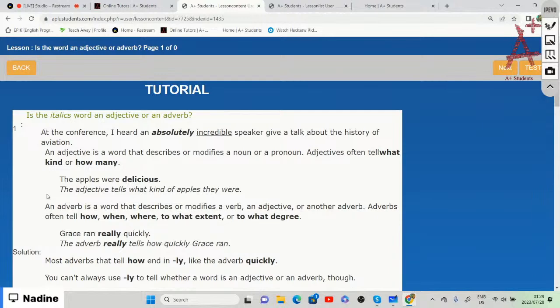And then we have an adverb, which is a word that describes or modifies a verb, an adjective, or another adverb. And adverbs often tell us how, when, where, to what extent, or to what degree.